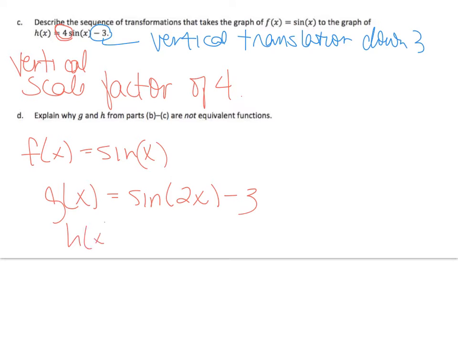And h of x is 4 sine x minus 3. I mean, it's a silly question. These aren't the same, therefore they're not the same, right? They don't have the same graphs if you graphed them. If I plugged in numbers, I'd get different answers, etc.